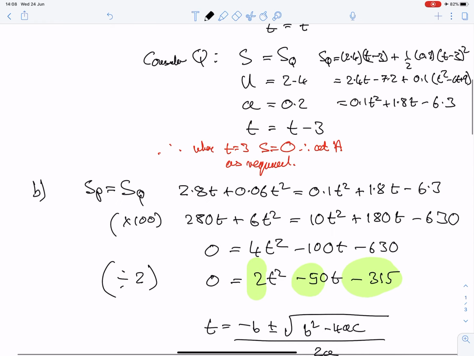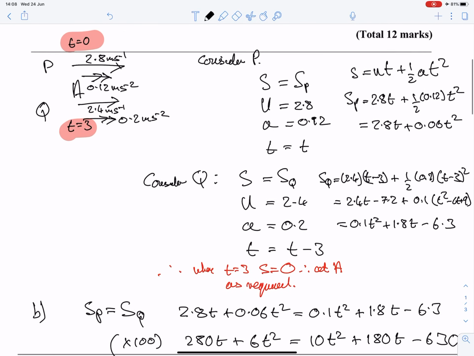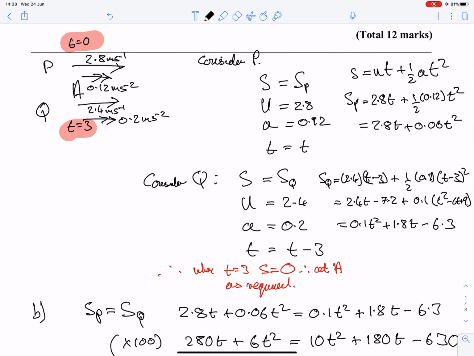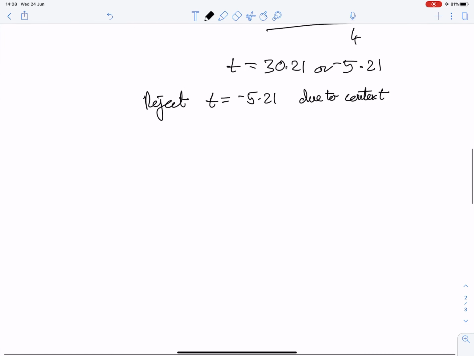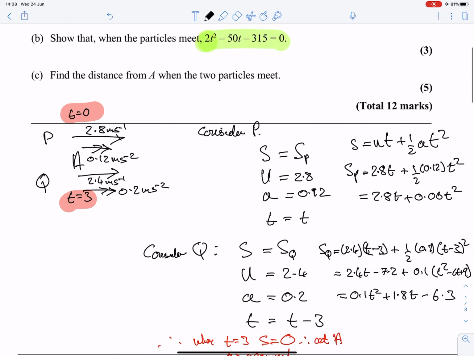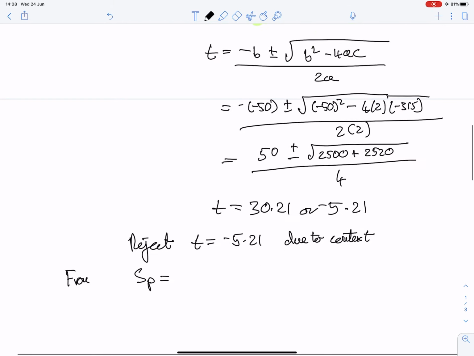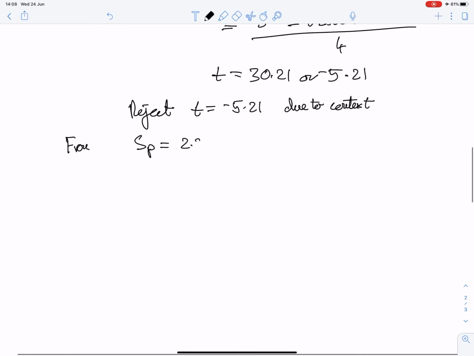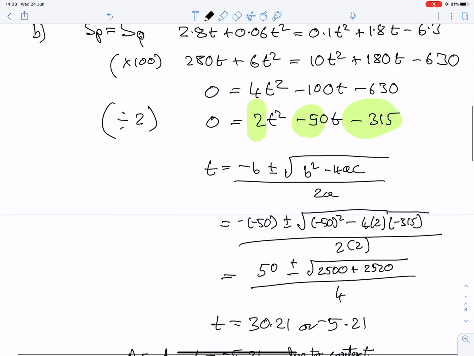So now we've got to find the position at that time, and it doesn't matter which one we use. It seems to make sense to go back and use P. So from SP being equal to 2.8T plus 0.06T squared, if I've remembered that correctly.